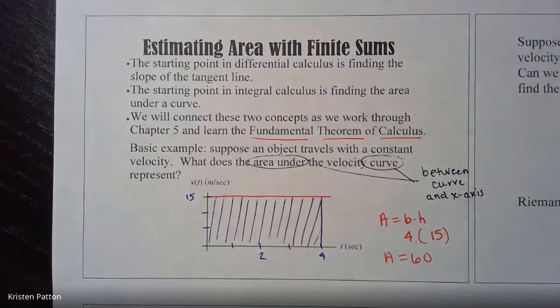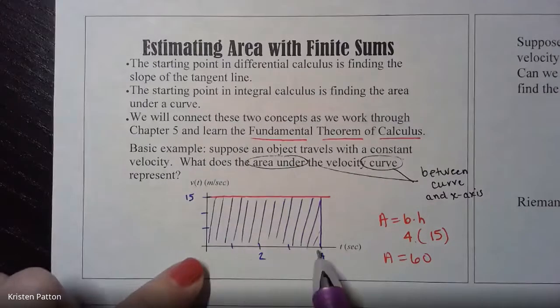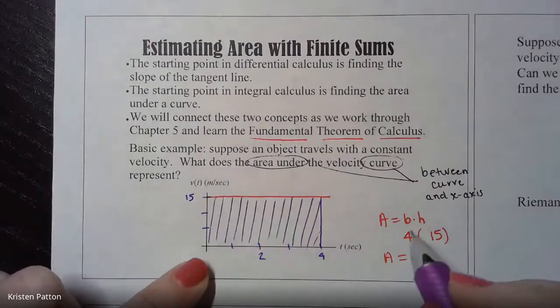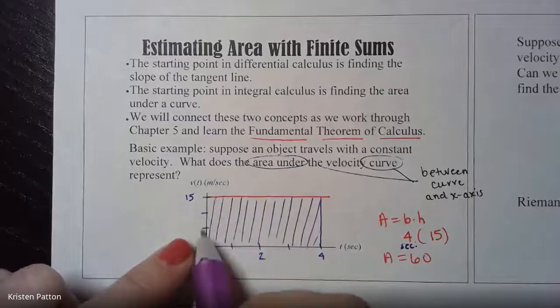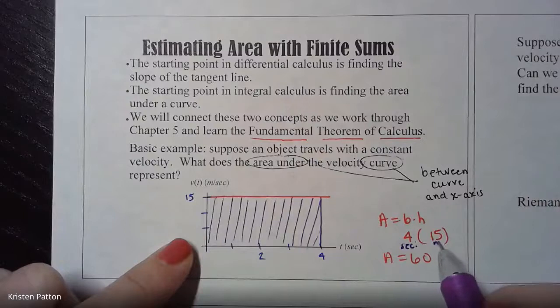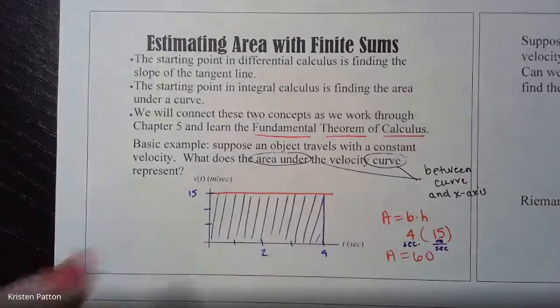But the question didn't just say find the area under the curve. It says, what does the area under the curve represent? Let's talk about some units. The base is measured in time. I should have squeezed that in there, right? So that 4 is measured in seconds. That 15 is measured in meters per second.